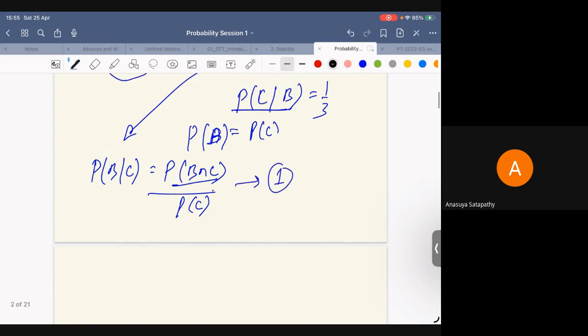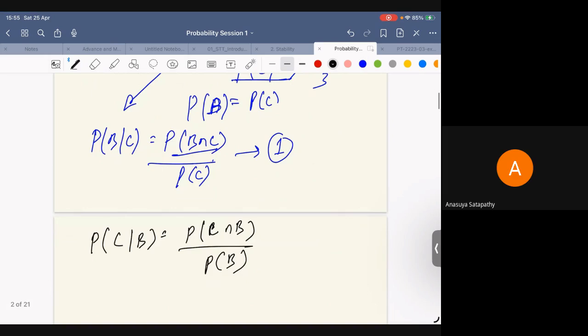Now see, if I write probability of C given B, how can I write this one? Probability of C intersection B by P of B, right? And you know that probability of C intersection B is the same as probability of B intersection C. Yes or no? This is condition 2.